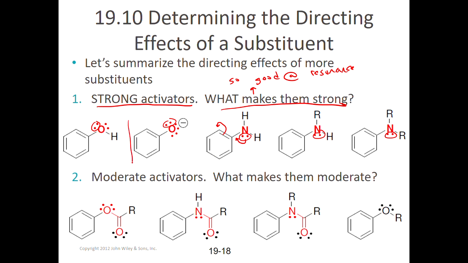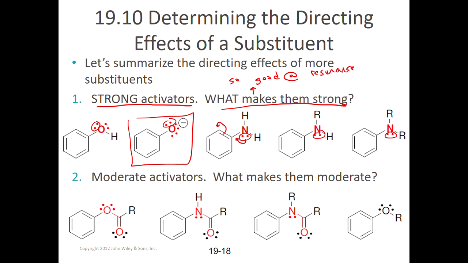This one is really good, right? It's a full negative. So it really is very good at shifting electrons in there to stabilize the positive that forms in the ring. And nitrogen's less electronegative than oxygen. So when you have a nitrogen here, it's very willing to share its electrons in there as well. So, that's what you want to think about there.